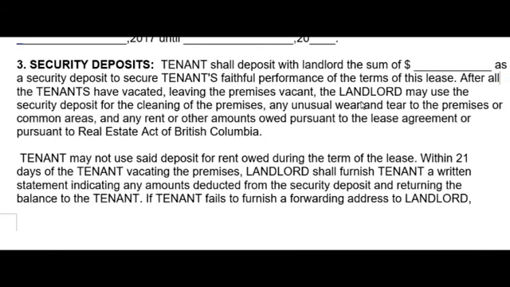After all the tenants have vacated, leaving the premises vacant, the landlord may use the security deposit for the cleaning of the premises, any unusual wear and tear to the premises or common areas, and any rent or other amounts owed pursuant to the lease agreement or pursuant to Real Estate Act of British Columbia.